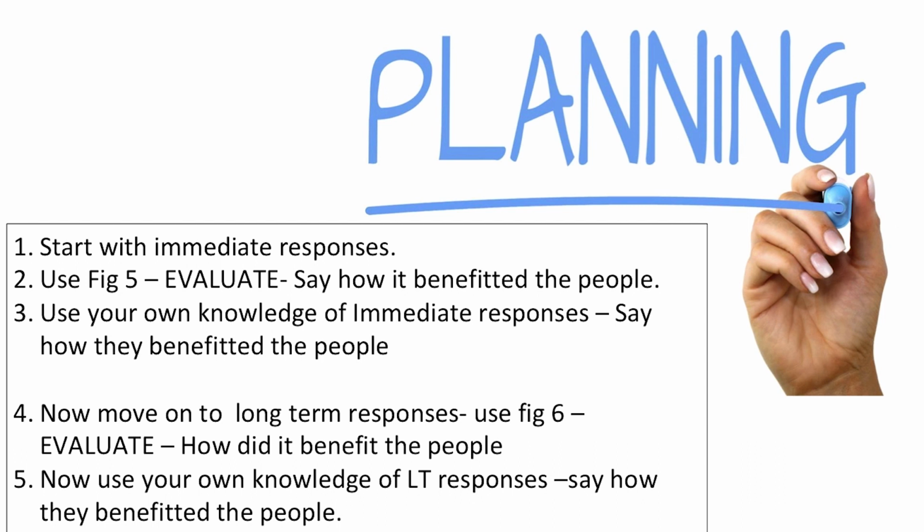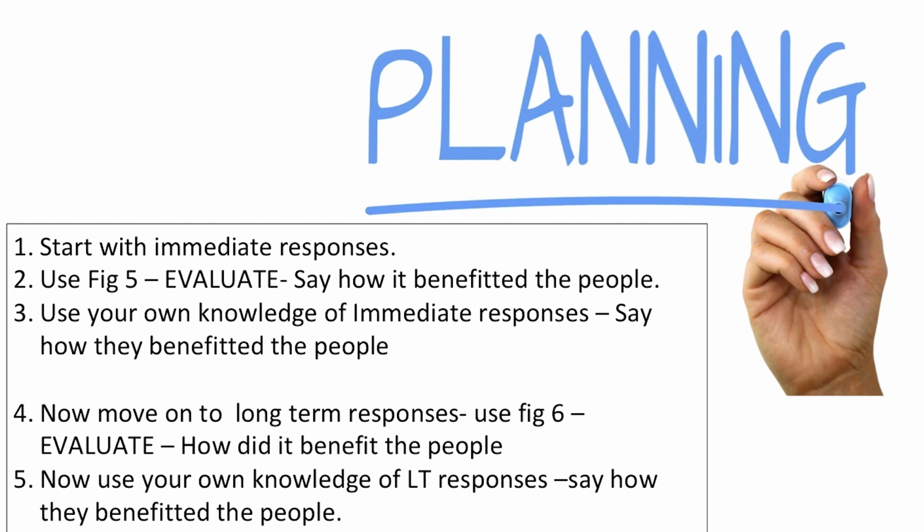And then I'll use my own knowledge of long-term responses and say how they benefited the people. So I've split my answer into use figure 5, short-term responses, my own knowledge of short-term responses, and then I'm going to shift my attention to long-term responses. I'm going to use figure 6 and then my own knowledge. In order to evaluate, I must make it clear that I understand how each thing benefits the people.